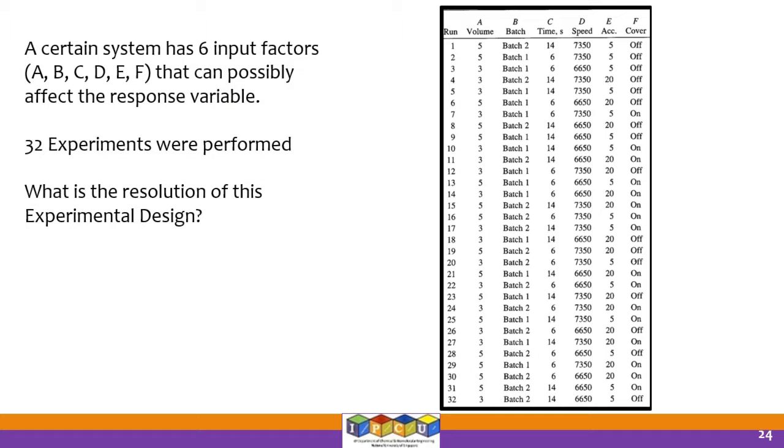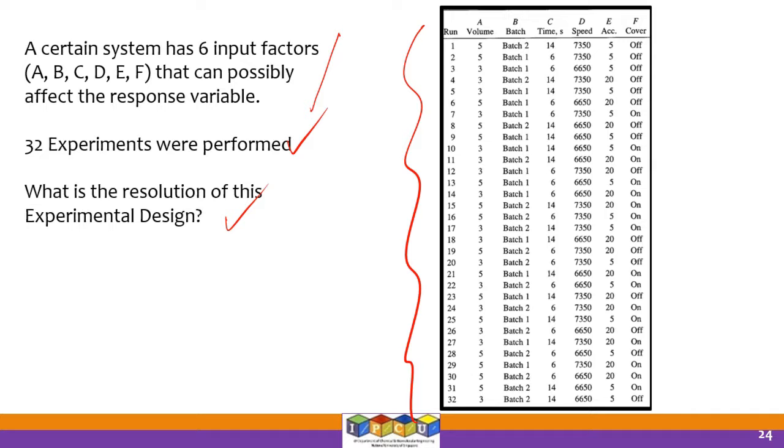So this is an example. It has 6 input factors A, B, C, D, E, F, and the response variable is not shown here, but there is a response variable. The factors are these 6 factors, and a total of 32 experiments are shown here. So 32 experiments are performed. What is the resolution of this experimental design is something we can see.